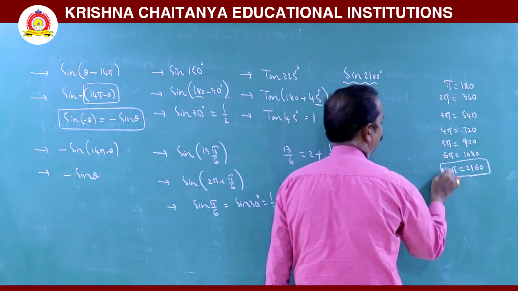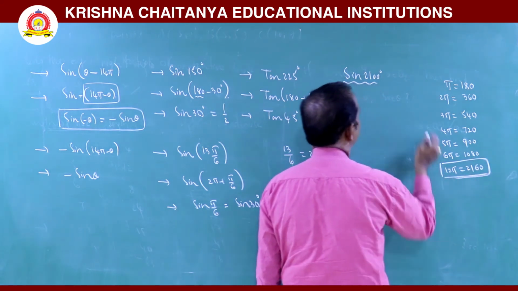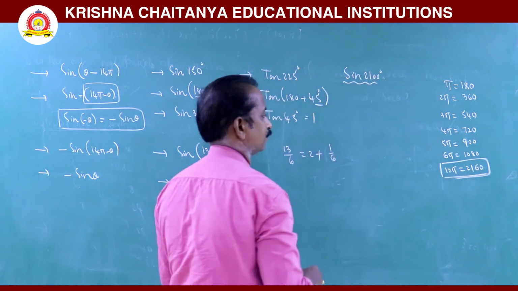So if you know the 18 table, we can derive sine 2100.